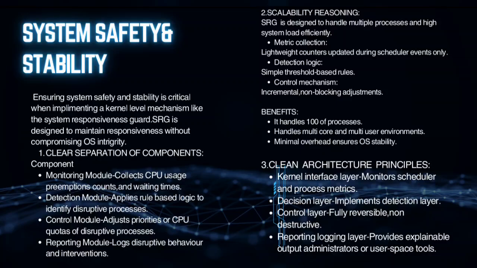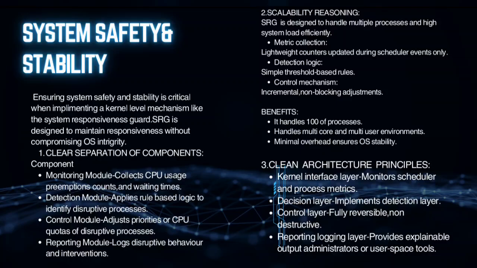Ensuring system safety and stability is critical when implementing a kernel level mechanism like the System Responsiveness Guard, also known as SRG, which is designed to maintain responsiveness without compromising OS integrity. There is a clear separation of components. The monitoring module collects CPU usage, preemption counts, and waiting times.